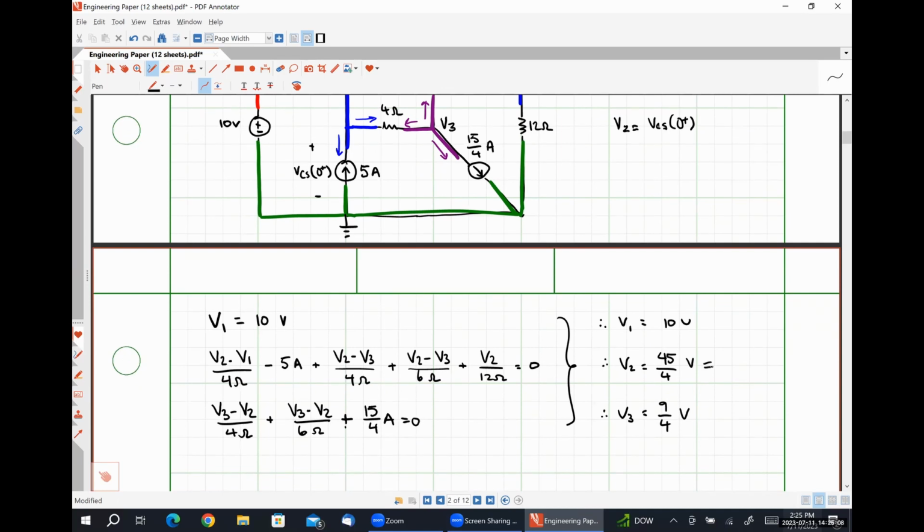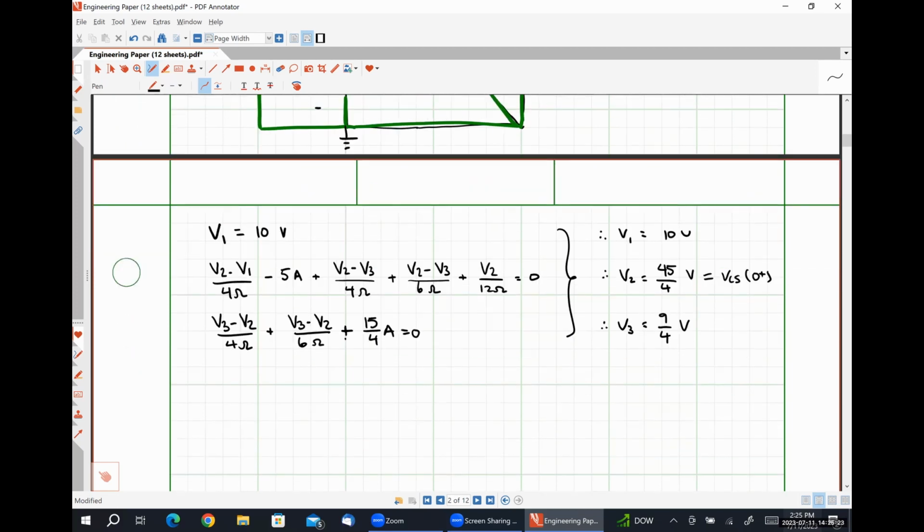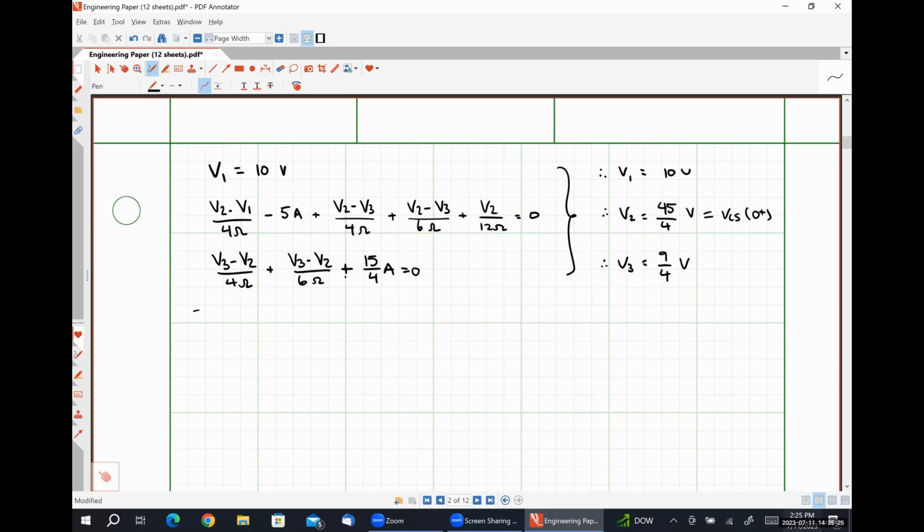As I mentioned above, this is the same thing as VCS at 0 plus, which is actually what we were trying to find. So nodal analysis got us what we were looking for without any extra work. Now we're going to move along to step number 3, which will be to analyze the circuit at t is equal to infinity.